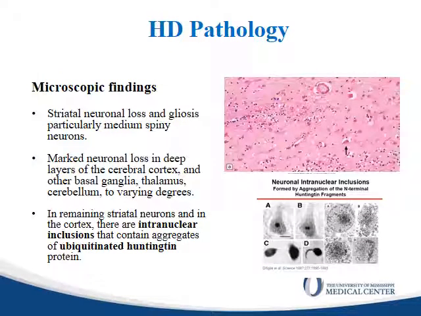Microscopically, there is significant striatal neuronal loss and gliosis, particularly of medium spiny neurons. In remaining striatal neurons and in the cortex, there are intranuclear inclusions that contain aggregates of Huntington protein as the inclusion body.